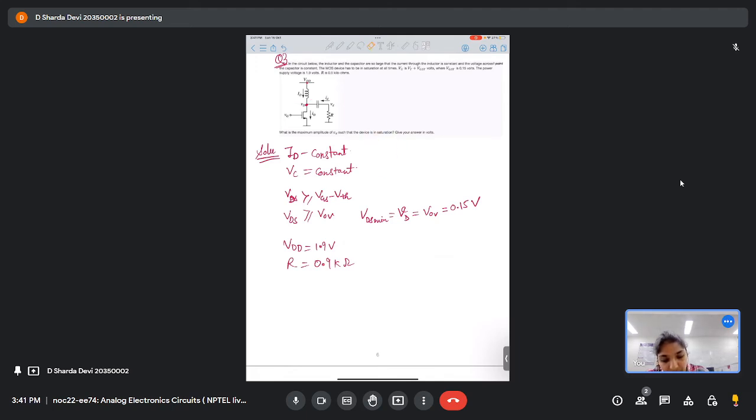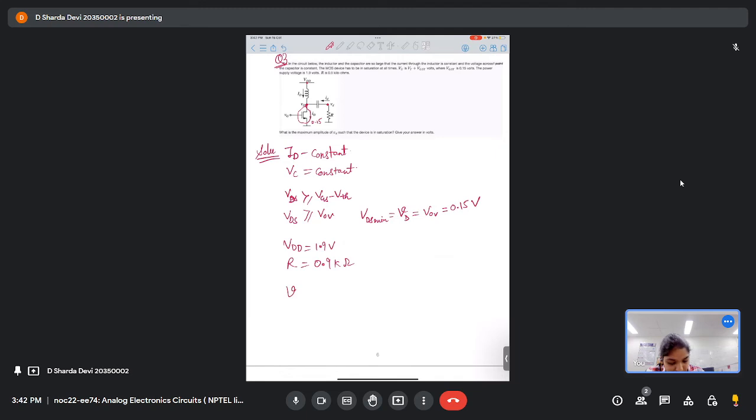So if 0.15 is the voltage which is across this transistor, then what can be the maximum value that our VD can get?